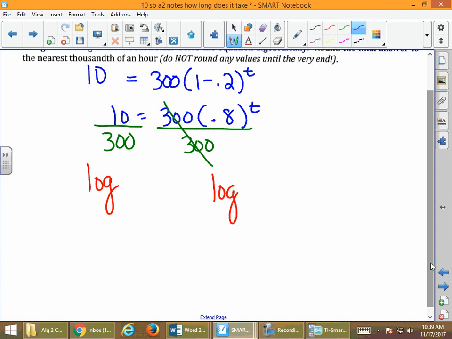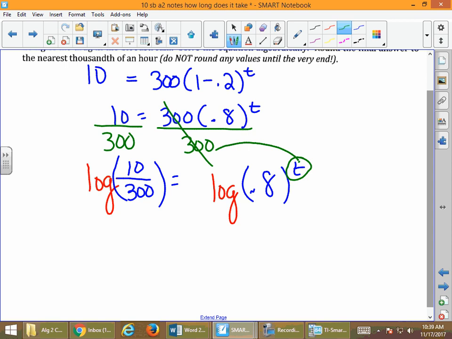And when we do that, we've got 10 divided by 300 over here, and we have 0.8 to the t over here. And our goal is to figure out the time. Well, we're going to take this value of t, and we're going to make it a coefficient.